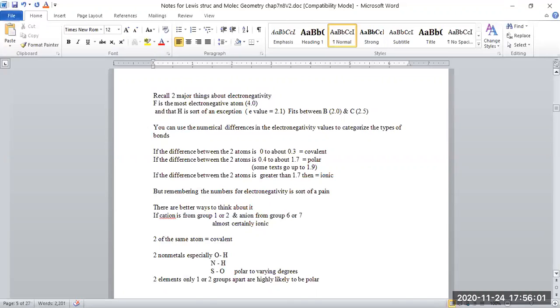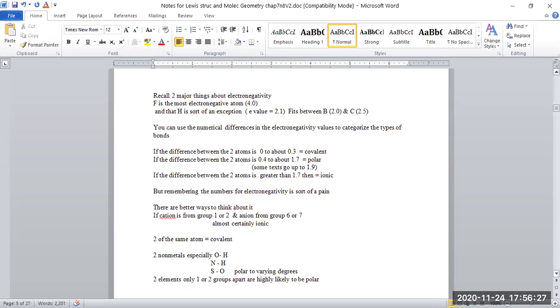So part of the way to do this is using the numbers. What if you're trying to ballpark it, to estimate it based upon just looking at a regular periodic table without all the little electronegativity values?